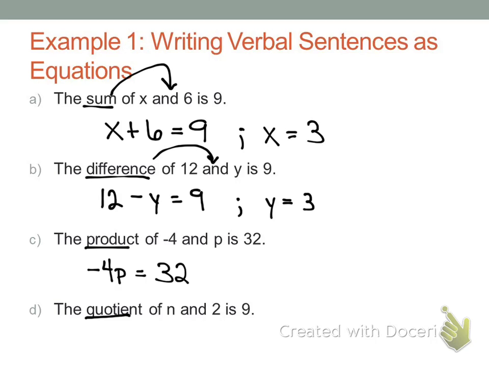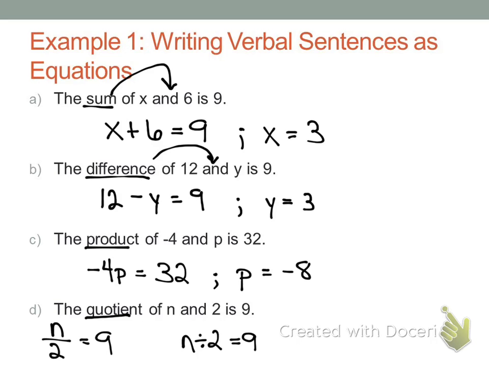Okay? So what value of p would make this equation true? -8. Why -8? Because 2 negatives make a positive. So p equals -8. Very good. All right, now quotient means what operation? Division. So n divided by 2 is 9.